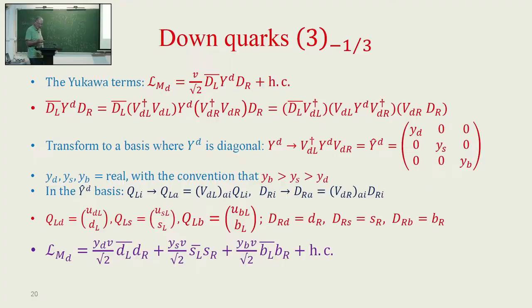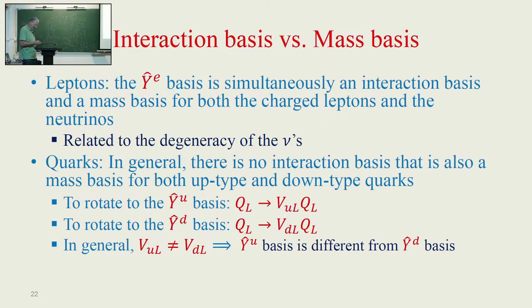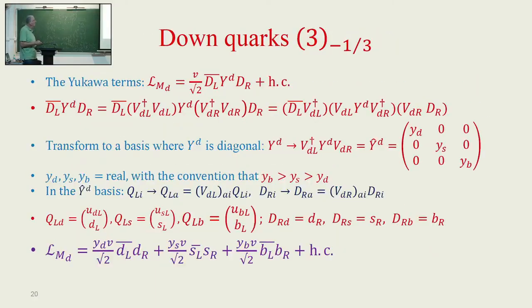Same exercise for the down sector. So there was a general 3×3, a unitary transformation leads me to another basis where this Yukawa and therefore the mass matrix will be diagonal.